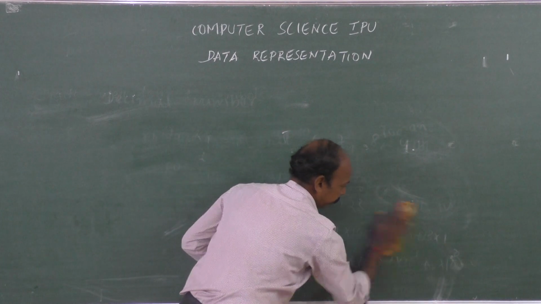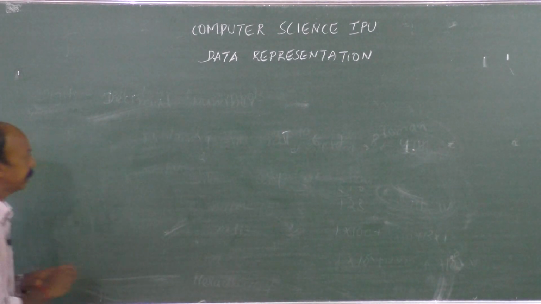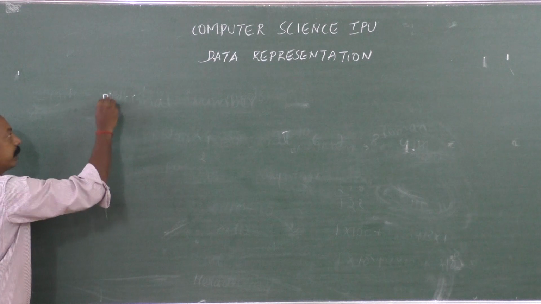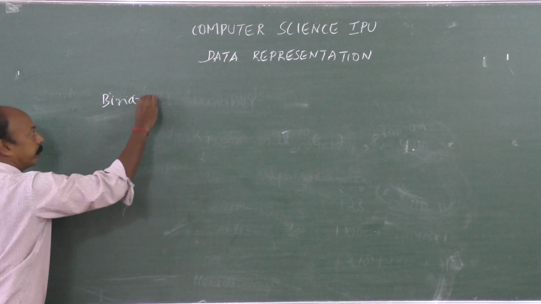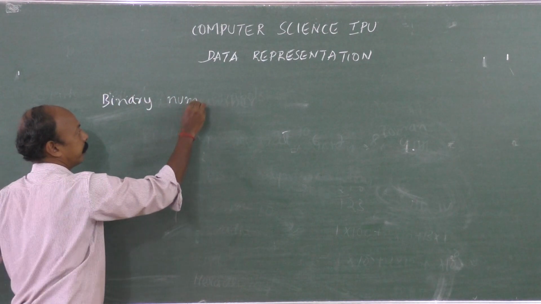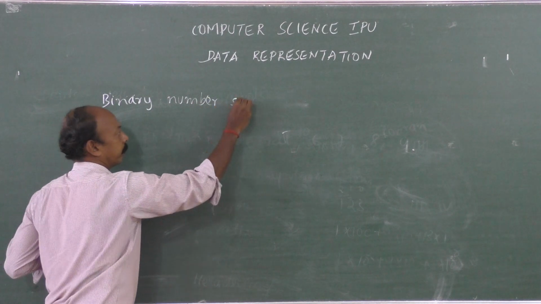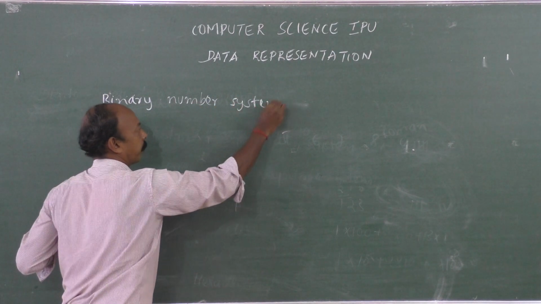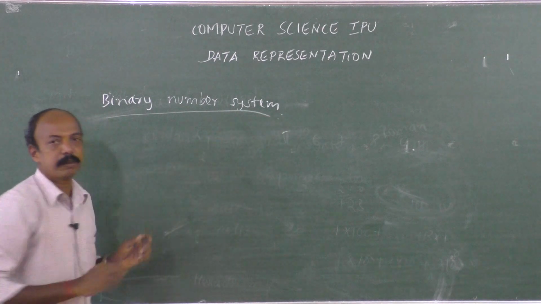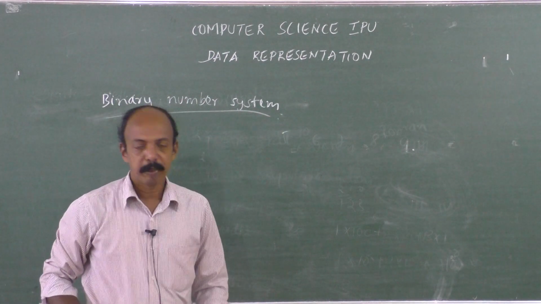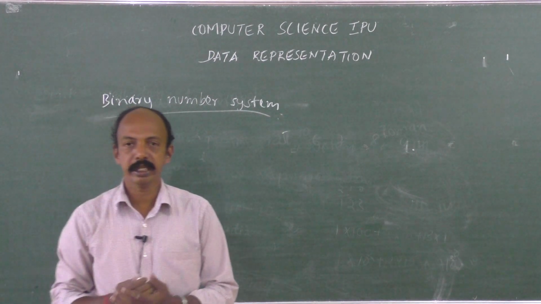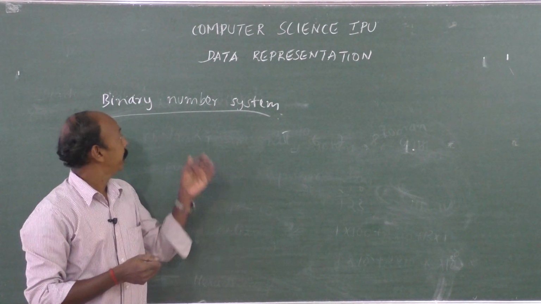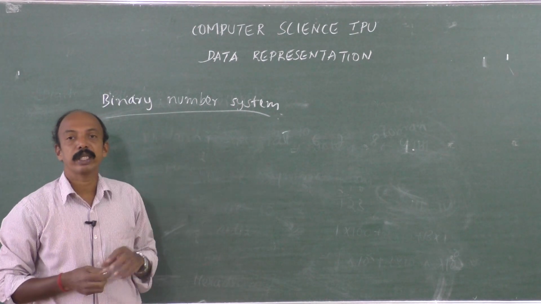Moving further, we shall look into the next number system, that is the binary number system. The binary number system becomes very important for us, because whenever we do any calculations in computers, they are done in the form of zeros and ones.